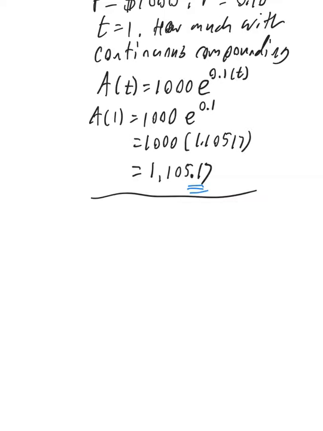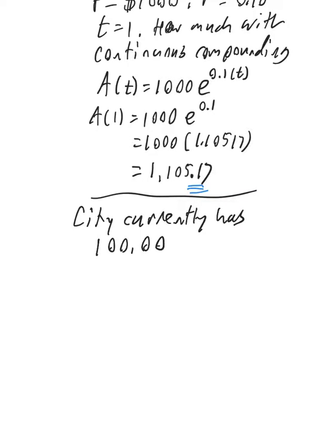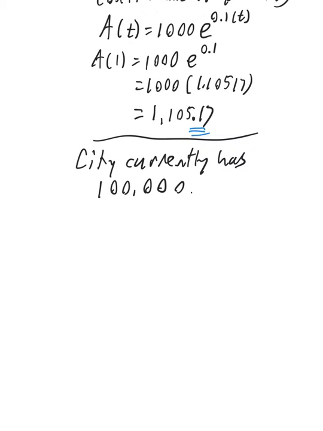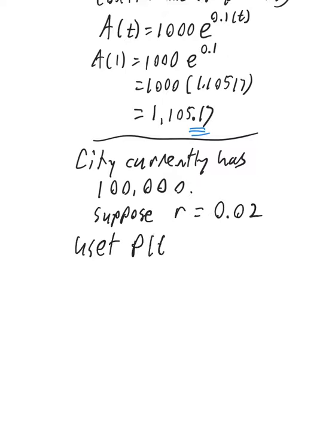So let's say we have a city that currently has, as a nice round number, 100,000, and let's suppose the population growth rate is 2%. R is 0.02. Let's use P of t is, let's erase this here.